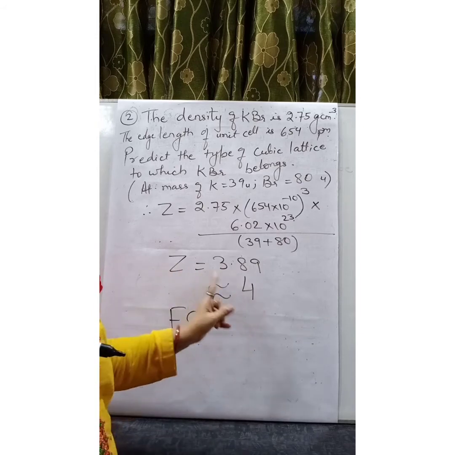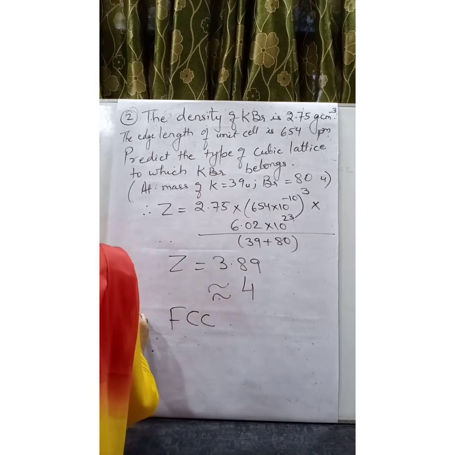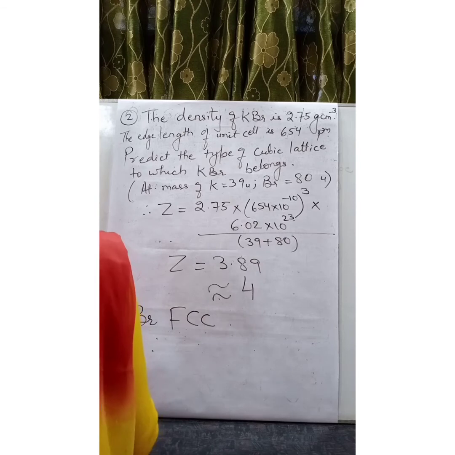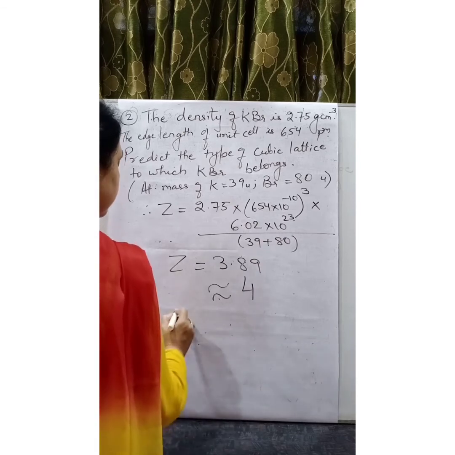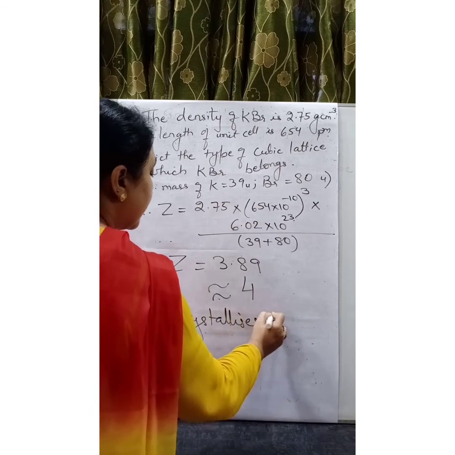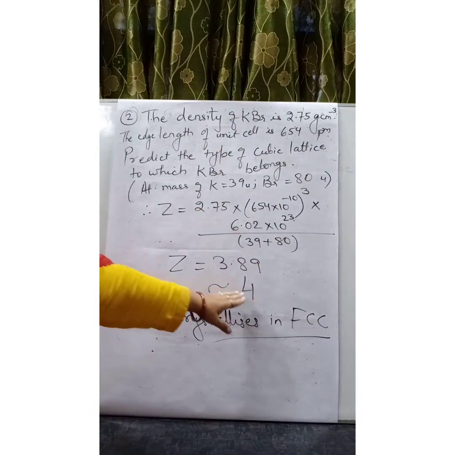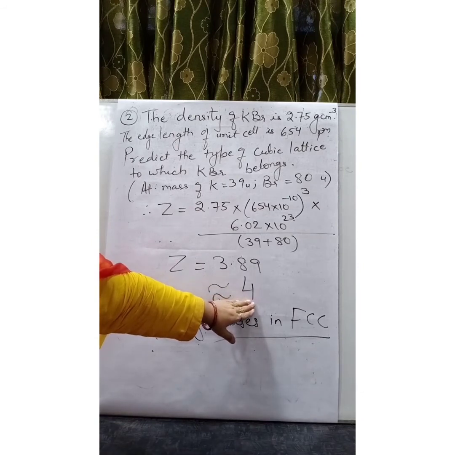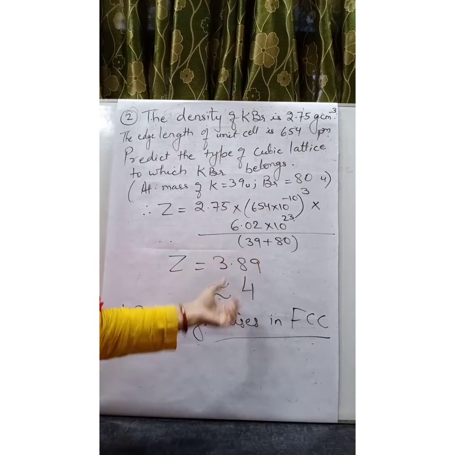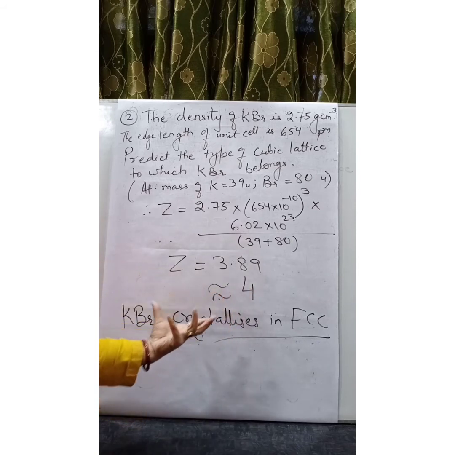So 6 into 1 by 2 gives you 3. So we can say KBr crystallizes in FCC structure. If you are getting Z approximately equal to 1, then it is simple cubic. Approximately equal to 2, then in that case you can say that it is BCC structure.